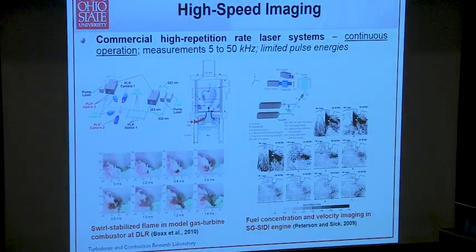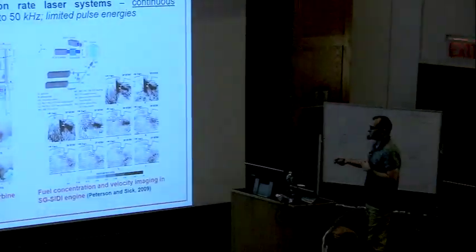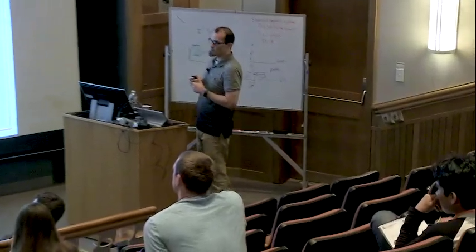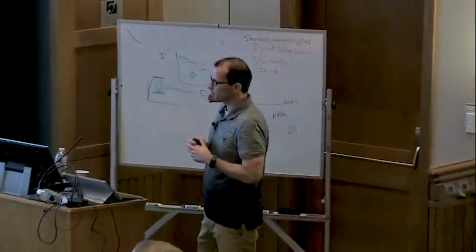I'm not going to really talk about what you can do with, say, commercial high repetition rate laser systems. Many of you in your labs will have diode-pumped solid state systems, high-speed lasers, high-speed dye lasers, and you would have either read papers or seen people who do high-speed OH imaging to look at dynamics.